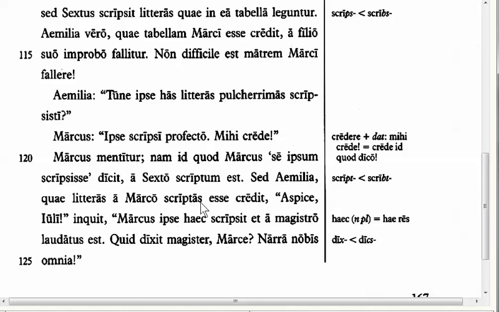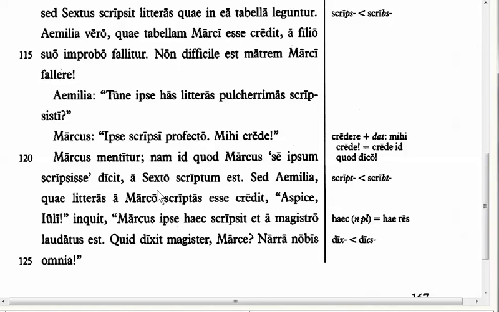The perfect active takes the perfect stem, scrips, and adds isse: scripsisse, to have written. And the perfect passive infinitive is scriptum esse, to have been written. Remember that the participle scriptum will change based on what the thing is that has been written.